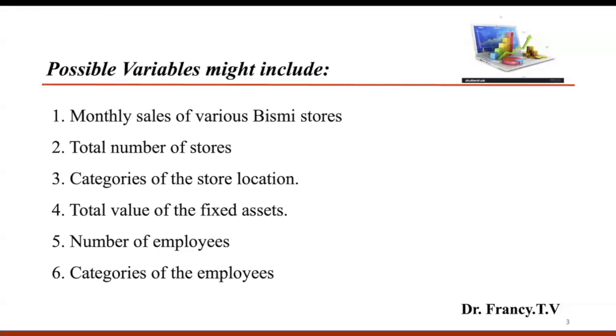In this case, the possible variables could be monthly sales of various business stores, total number of stores, categories of the store location, total value of the fixed assets, number of employees, categories of employees, etc. Now, if we examine these variables, we can clearly notice that there are two types.